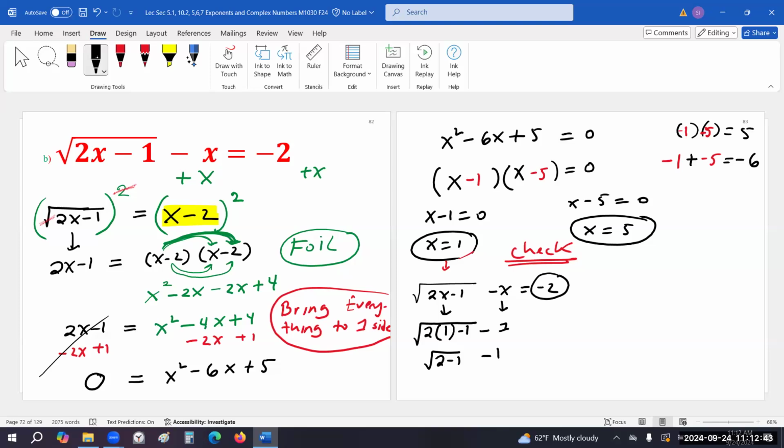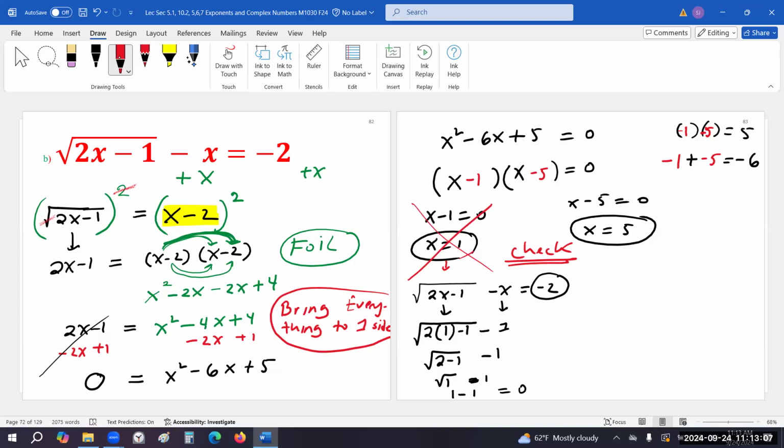What is 2 minus 1? And what is square root of 1? What is 1 minus 1? 0. But what number is supposed to get? -2. See how stupid that is? We got x equals 1, but actually this doesn't work.